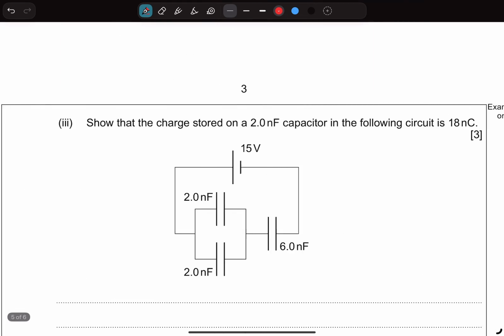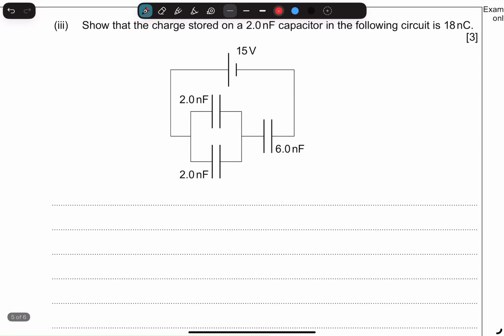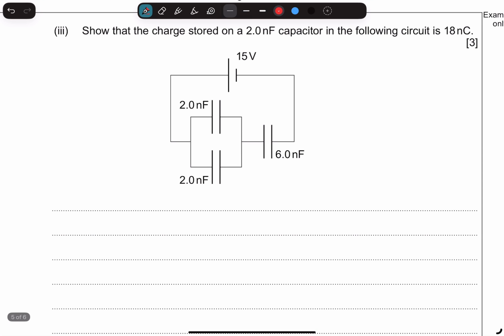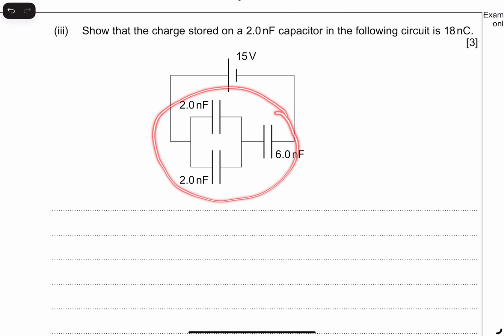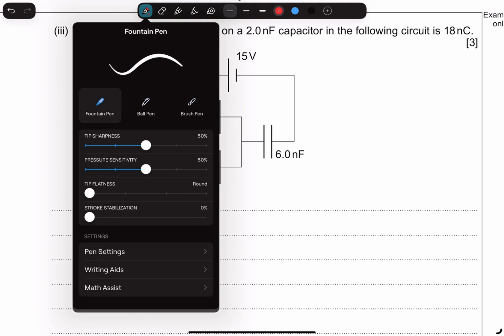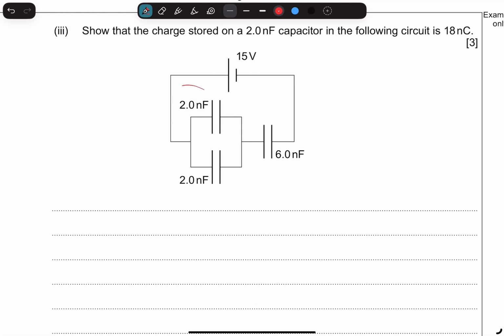With this bit here, we're now asked to show that the charge stored on a 2 nanofarad capacitor is 18 nanocoulombs. Basically we've got the same capacitor setup as before, but we're asked to work out the charge on the 2 nanofarad capacitor. So we're working out the charge on this one here or on this one here. It doesn't matter, it's going to be the same on both.